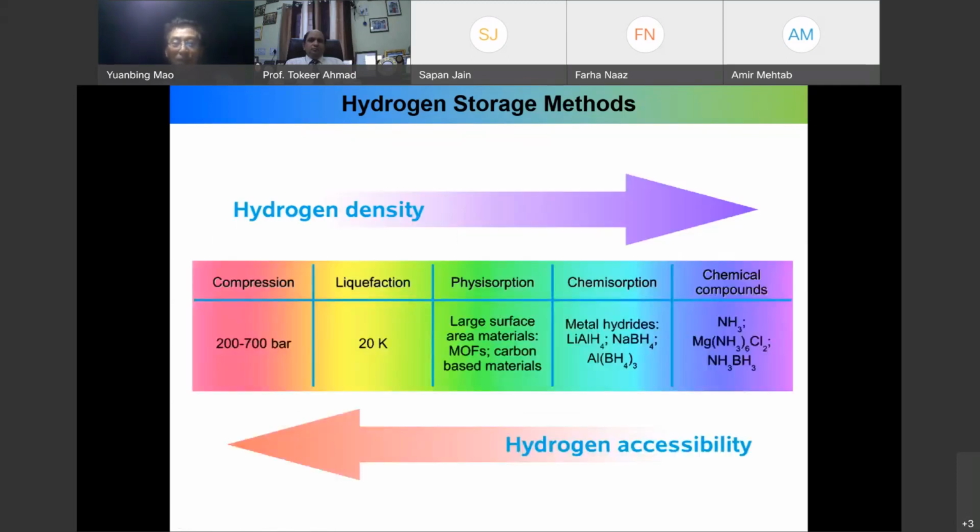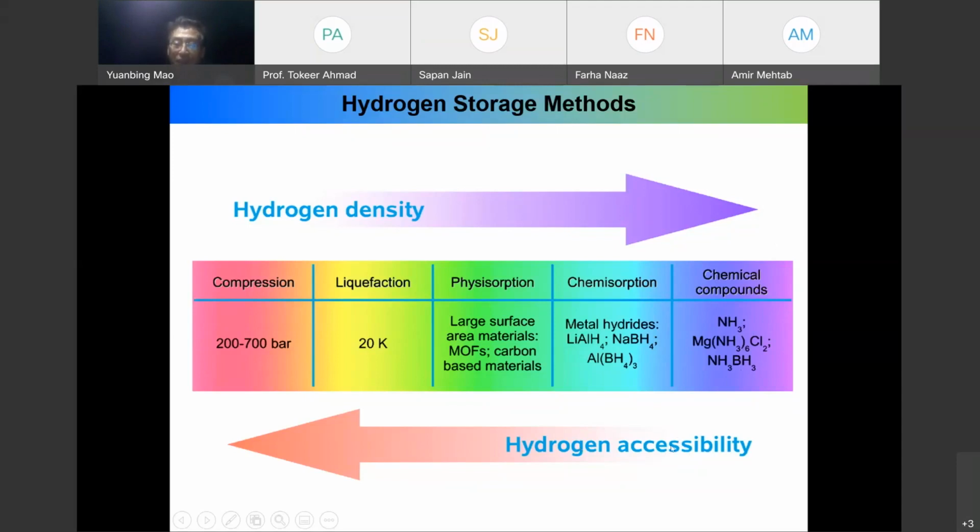Then the other way we look into this is, as I mentioned, there are different methods, right? Mostly here, these are the physical methods, then as we go here, it is more material-based and chemical absorption processes. So the hydrogen density actually increases along this way. But then, when hydrogen forms bonds with the element, the hydrogen accessibility is more challenged.